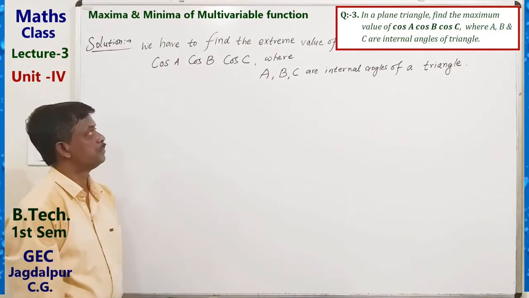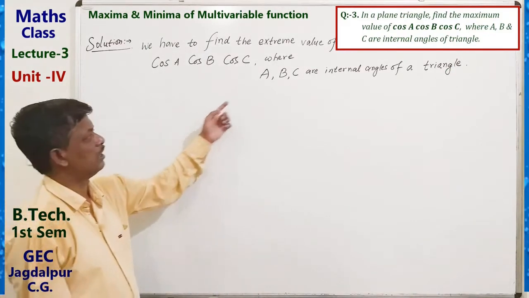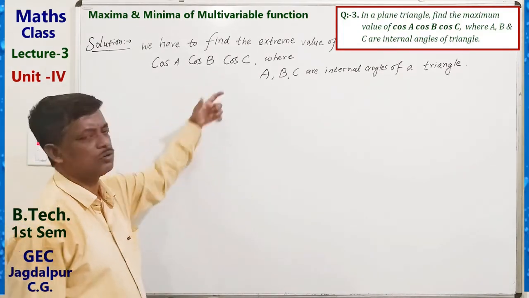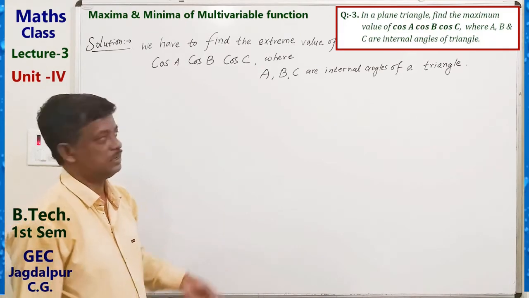Clear? Maybe the three variable angles can be written as x, y, z. You can write also cos A, cos B, cos C, or cos x, cos y, cos z. This is our function.